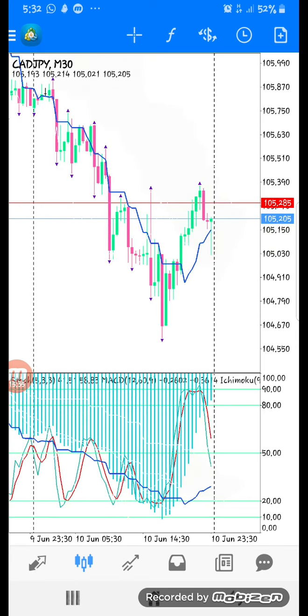And this strategy, traded in the 30 minutes time frame, works better in the 30 minutes time frame. It might also work well in the 15 minutes time frame, 5 minutes time frame, 1 hour, 4 hours time frame, and so on and so forth. But I think you should trade it more in the 30 minutes time frame.